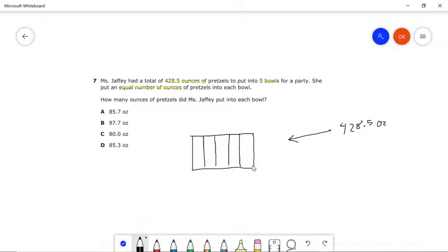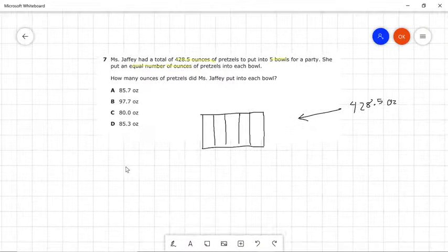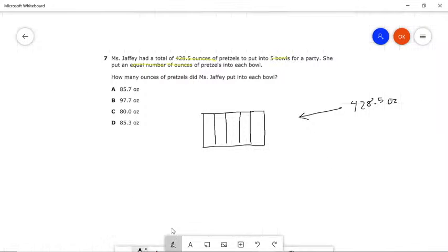So basically, by this display, we're trying to show that Mrs. Jaffe is splitting 428.5 ounces into 5 bowls. So we have the visual. Now all we have to do is the math.